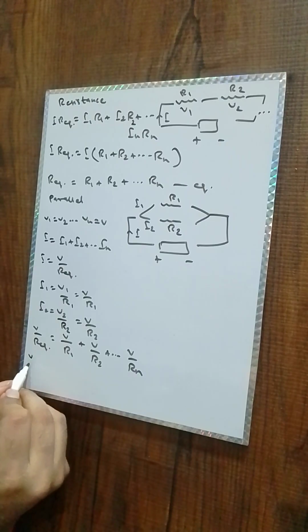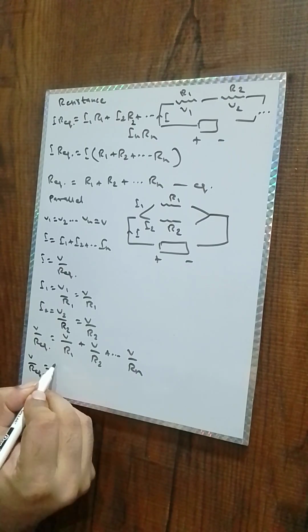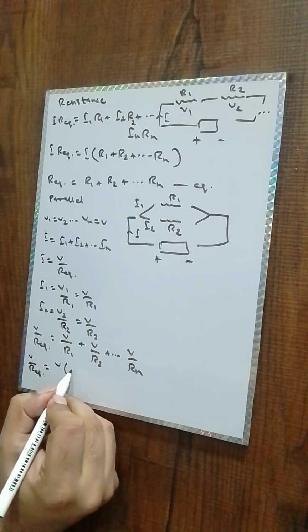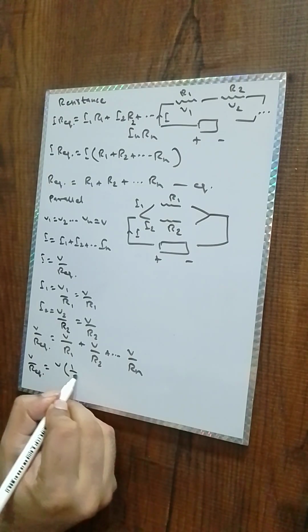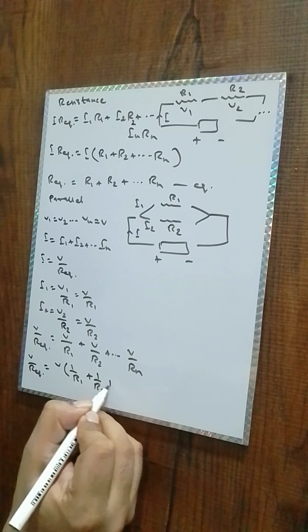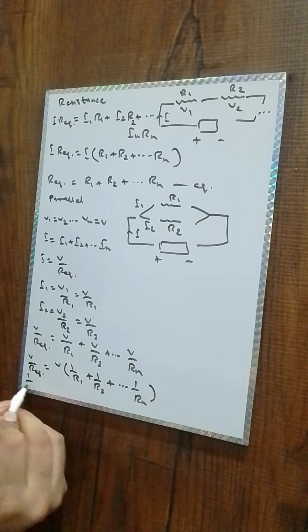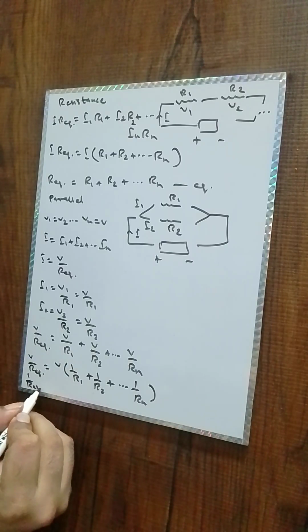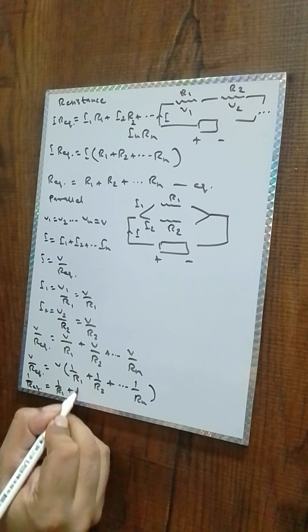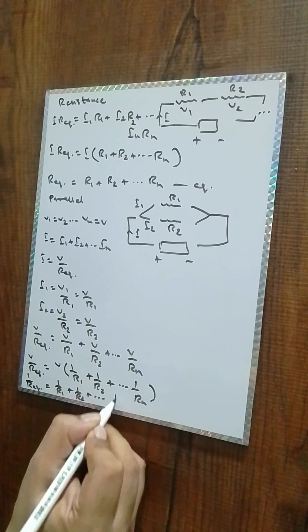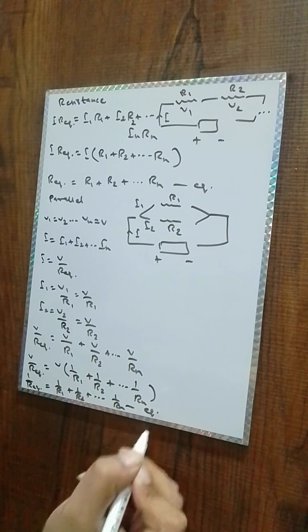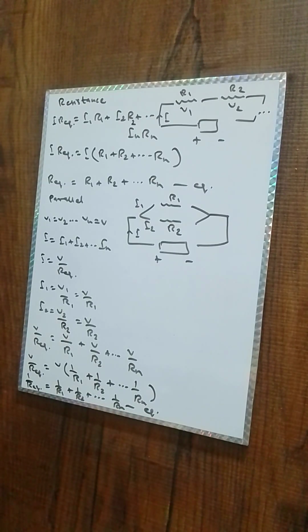So V taken out of the summation as a factor, 1 by R1 plus 1 by R2 plus up to 1 by Rn. Okay, V cancels out, therefore 1 by R equivalent is equal to 1 by R1 plus 1 by R2 plus up to 1 by Rn. So this is the equation of interest here, and it is important in applications.